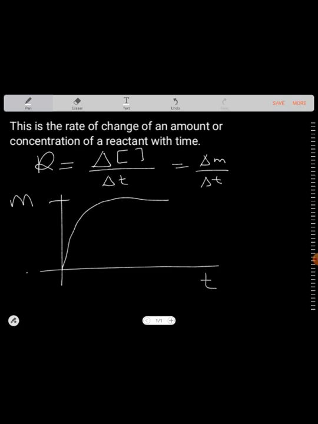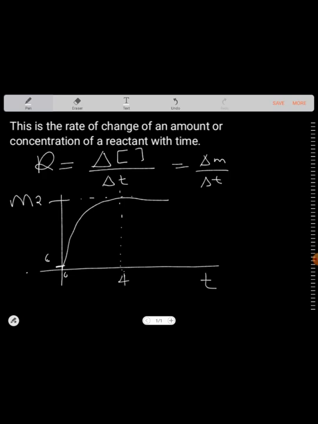We have the final mass there, let's call it 2, and the initial mass here, let's call it 6. Then the time is 0 here. Let's say the reaction ended somewhere here, let's call it 4 seconds.